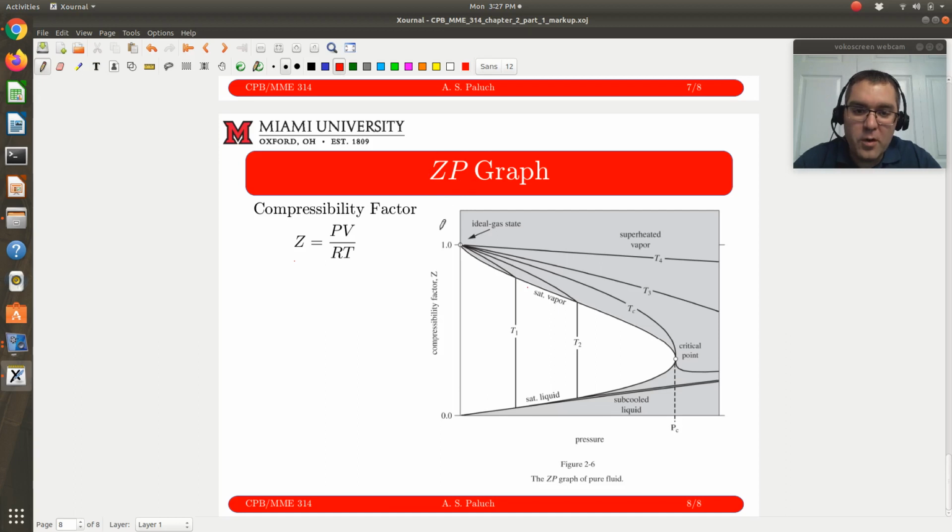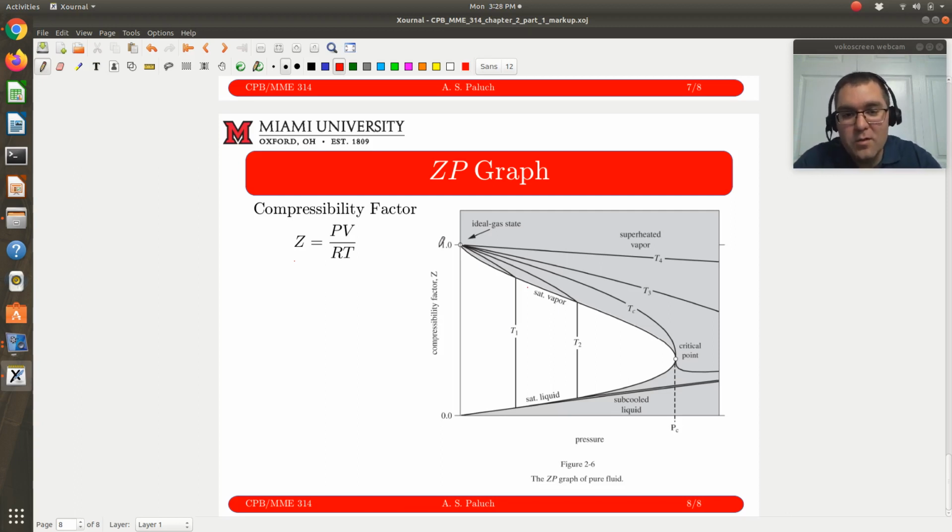So here we have a plot of compressibility, Z versus P. Just like a P versus V phase diagram, we have this dome. We have a dome because the compressibility of my liquid and vapor are not going to be the same. The volume of my liquid and vapor aren't the same, so the compressibility isn't going to be the same.